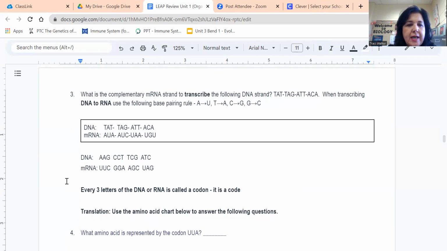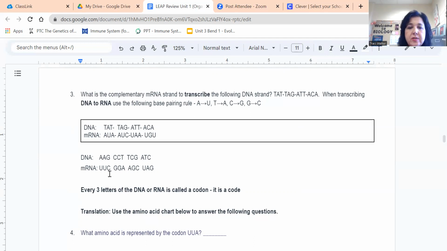So every 3 letters of the DNA to the RNA is called a codon, and that simply means it's a code. Okay, so that's why we've been writing it like this with 3 letters together and spaces in between them, not only to help us to not get confused with all these letters running on together, but each 3 letters has a significant code that we need to be able to work with.